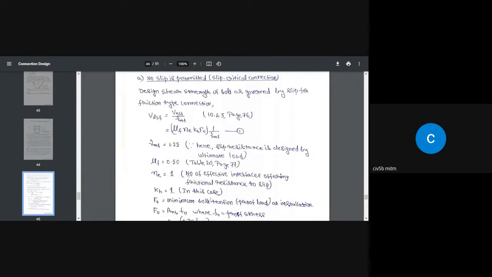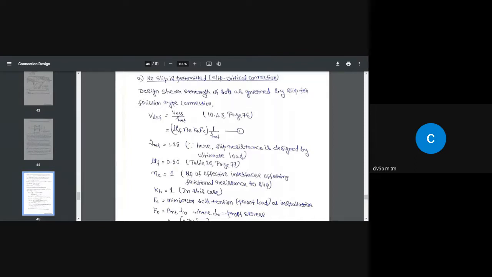Okay, let us go one at a time. In this equation, what is gamma_mf? If you look at the code, below you see gamma_mf is equal to 1.10 if slip resistance is designed at service load, 1.25 if slip resistance is designed at ultimate load.